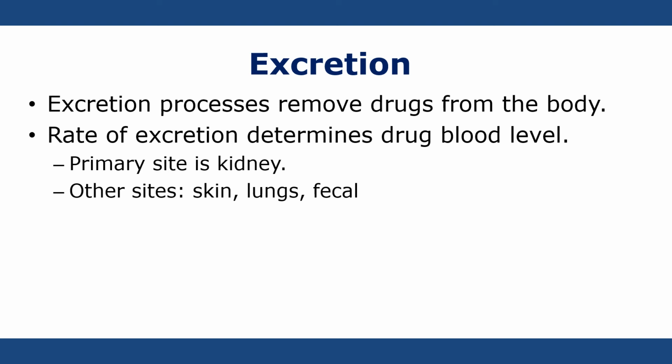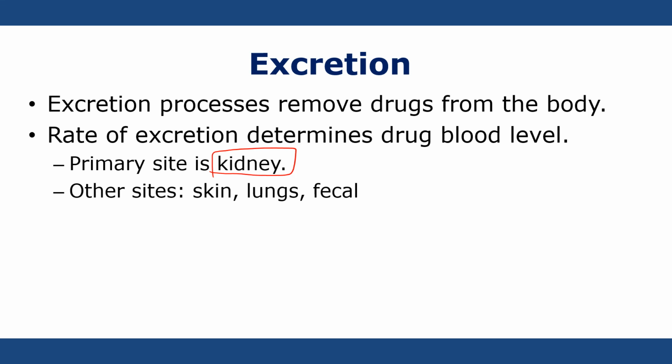Excretion means we are going to remove the drug from the body, and the primary site is your renal function, your kidney. And remember, for metabolism, the primary site was the liver, and for excretion, it is the kidney. More than 90% is probably excreted by the renal system.